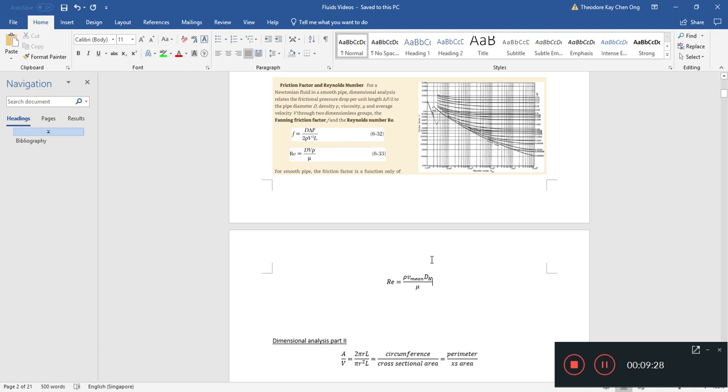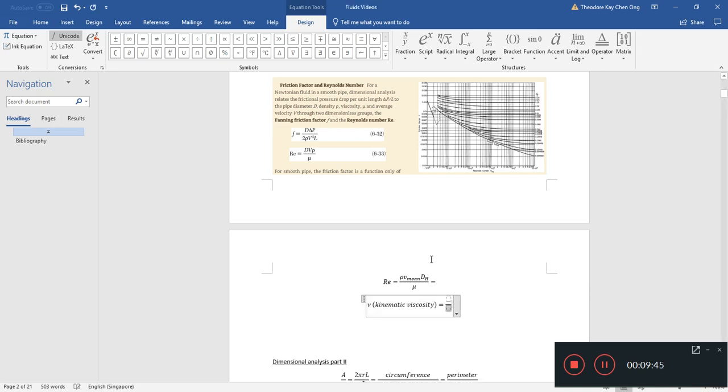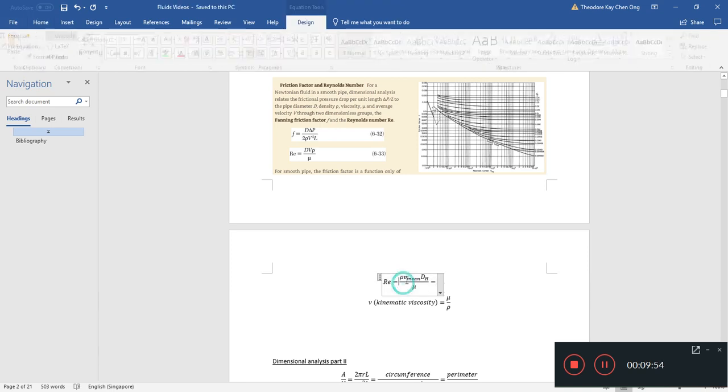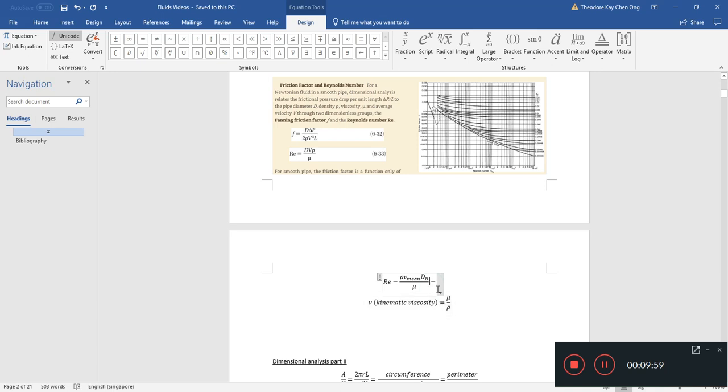And of course, sometimes you'll see in fluids textbooks, they will give this thing called nu, which is called the kinematic viscosity. That is nothing but this mu over rho. So kinematic viscosity kind of takes the density of the fluid into account. So if you have that, we'll have just V min dH over nu.